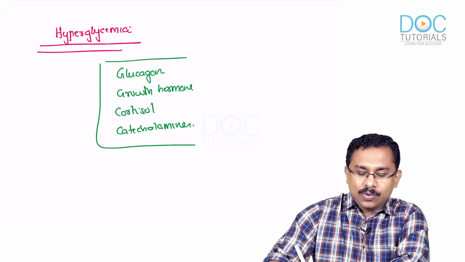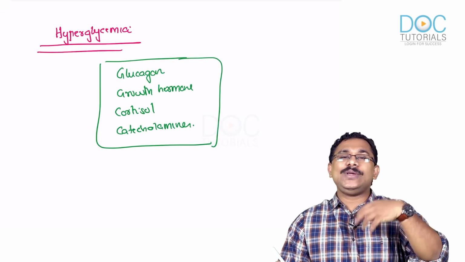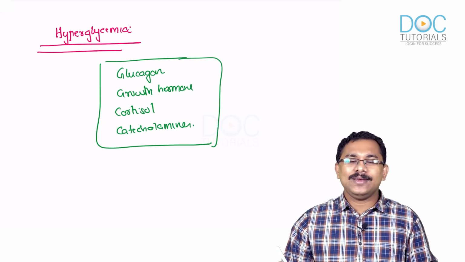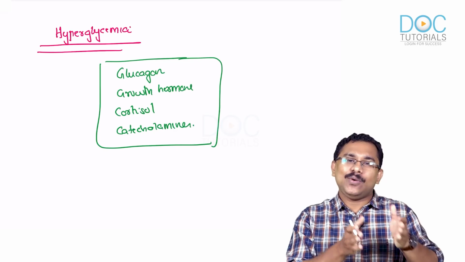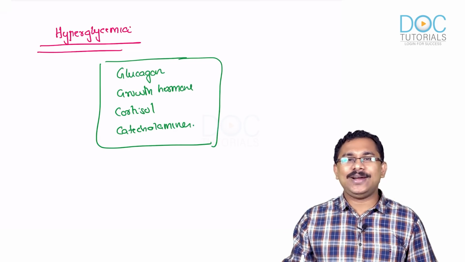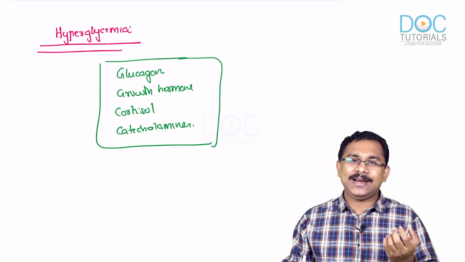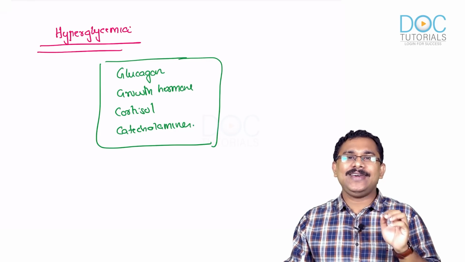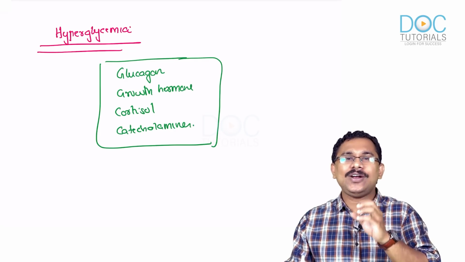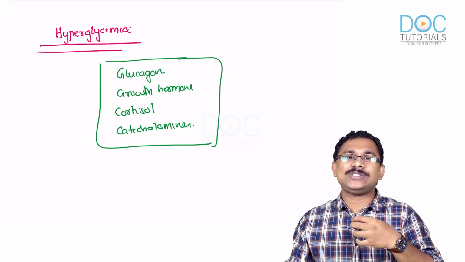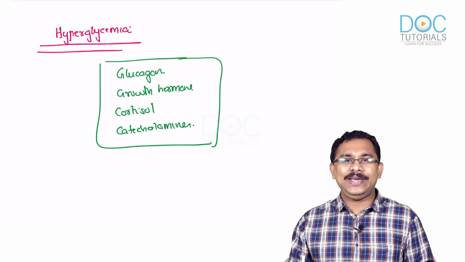The role of these counter-regulatory hormones is to increase the blood glucose level. So if there is hyperglycemia, why should there be an increase in counter-regulatory hormones? The answer is, though there is hyperglycemia, as I told earlier, the tissues are not able to utilize this glucose because of the insulinopenia.